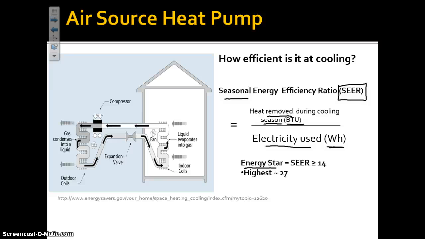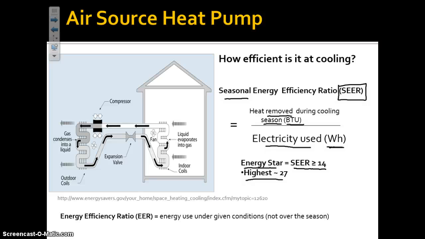So in order to get an Energy Star rating, you need to have at least a SEER of 14. You can get up to 27. I've seen them a little higher than that, but that is your minimum level of efficiency for the EPA to say, okay, this is a pretty efficient unit. Okay, so that's your SEER, so that's for cooling. The one last thing with this is for the seasonal, right?